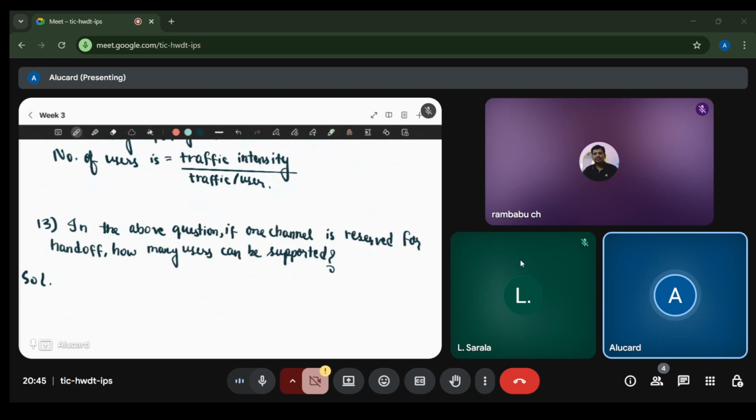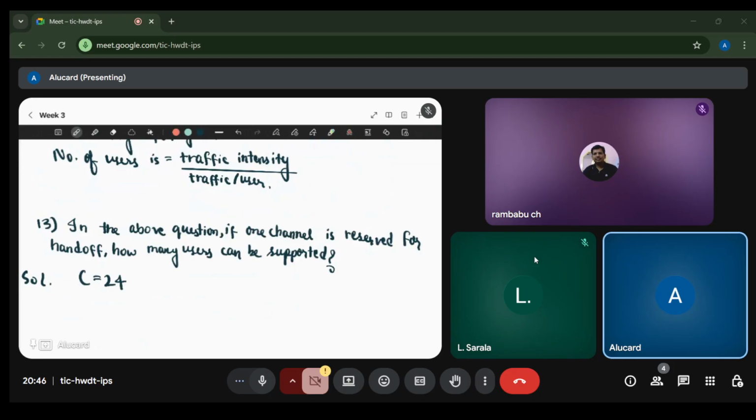Now the number of channels is 24 instead of 25. For 24 channels and a blocking probability of 0.05, you have to find the total traffic that can be handled. Then each user generates 0.15 Erlangs of traffic. So the number of users is total traffic divided by traffic per user. So the method is the same as question number 12.